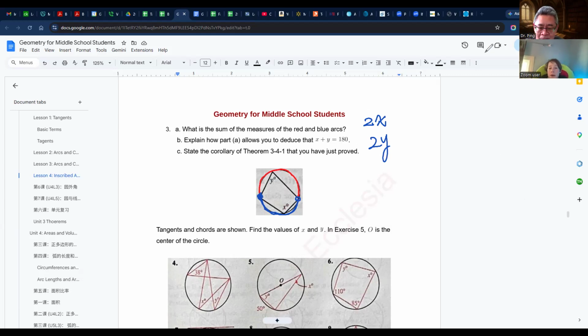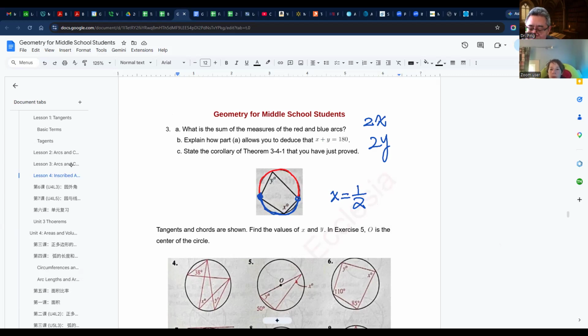Now, B, explain how part A allows you to deduce that X plus Y is 180. Well, look at X. X is half of the red. Y is the other half.